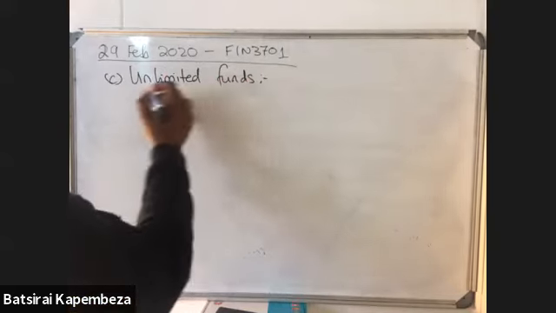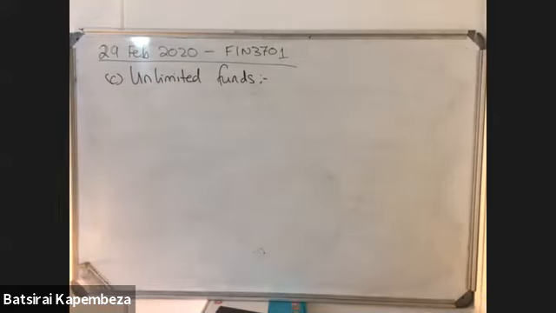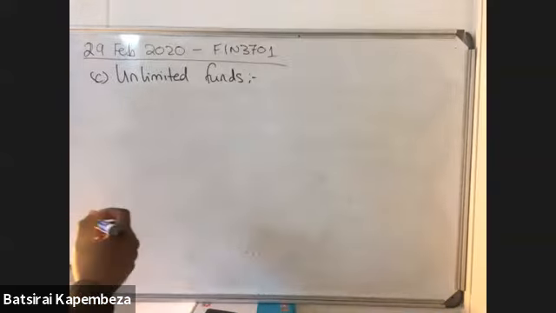Sometimes you might see this written when you're dealing with capital budgeting. The concept of unlimited funds is closely related to independent projects. And we define unlimited funds as follows.